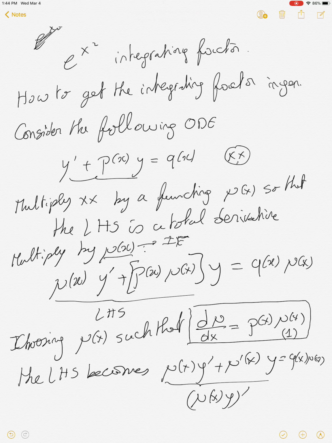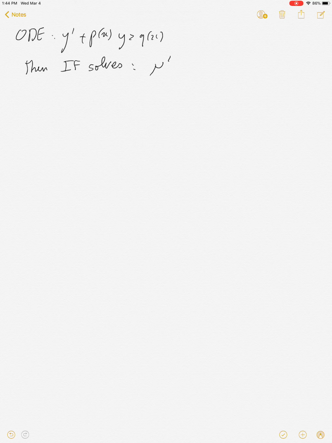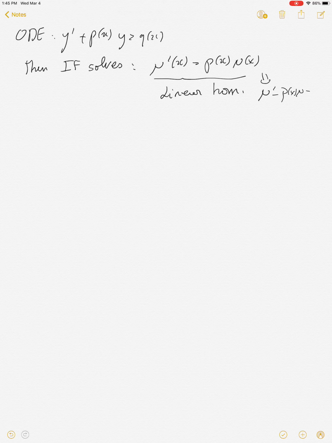So let's go to a new page now. I said that if I have the ODE y prime plus p(x) y equal q(x), then the integrating factor solves the equation mu prime(x) equal p(x) mu(x). But notice that this equation is linear homogeneous, because if I bring mu to the other side, this becomes mu prime minus p(x) mu equal to 0.